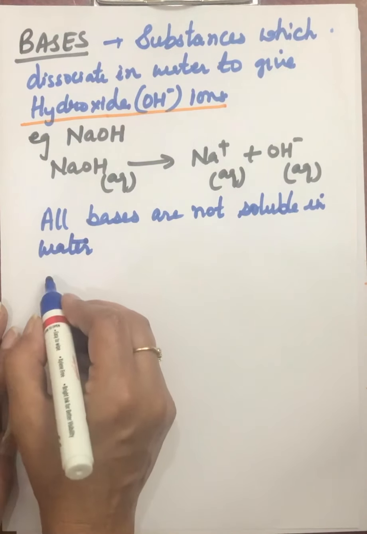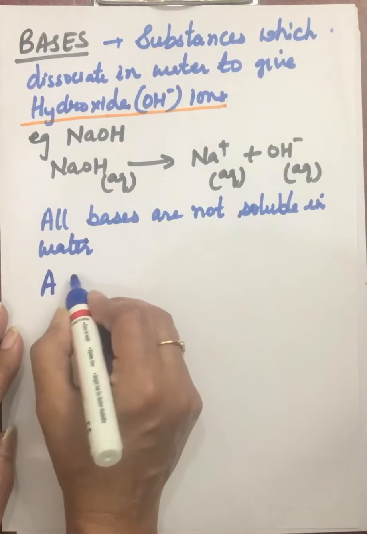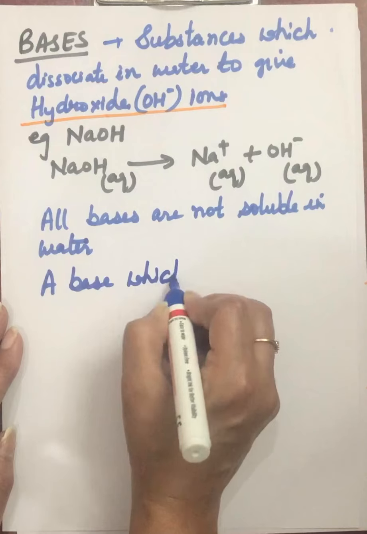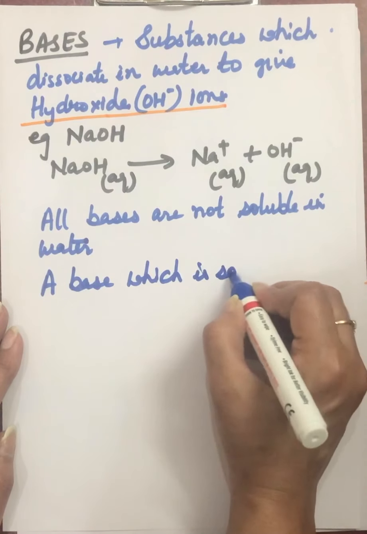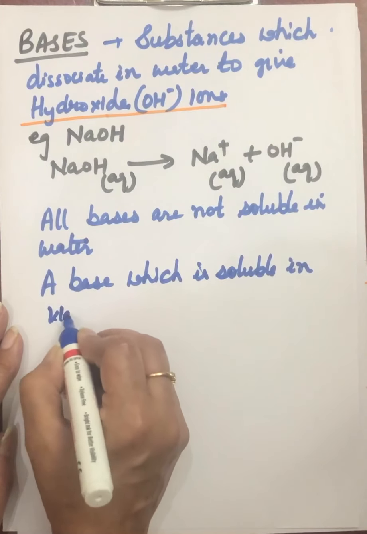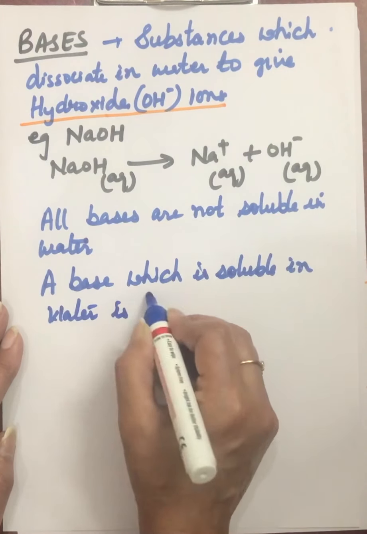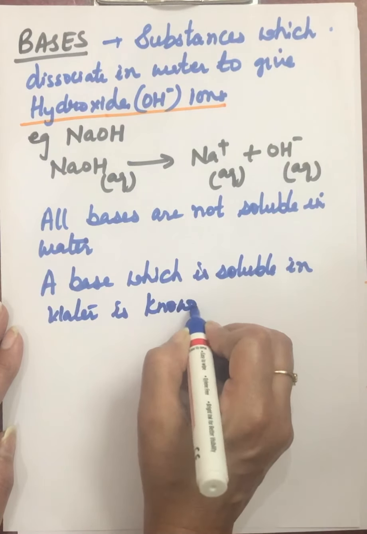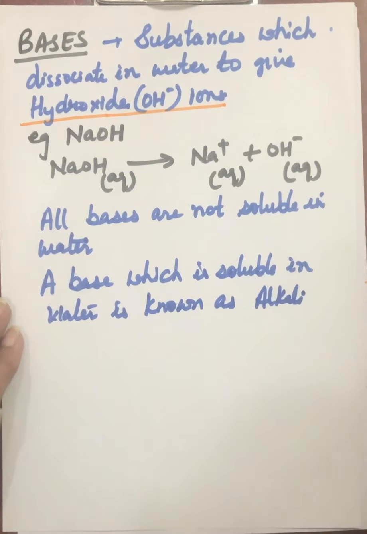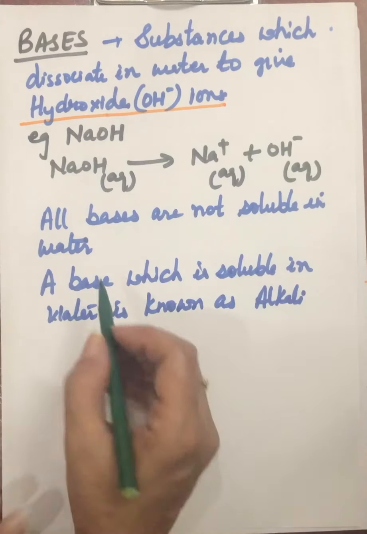So a base which is soluble in water, a very important line, is actually known as alkali. So there is a difference in a base and an alkali.